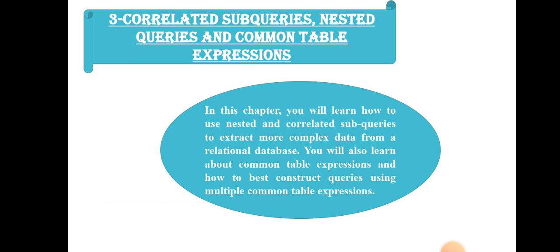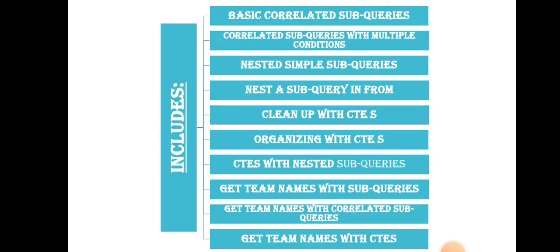Next, the third chapter is correlated subqueries, nested subqueries, and common table expressions. In this chapter, we will learn how to use nested and correlated subqueries to extract more complex data from a relational database, and we will also learn about common table expressions and how to best construct queries using multiple common table expressions.